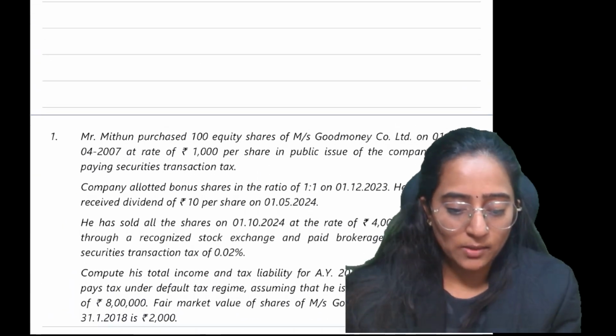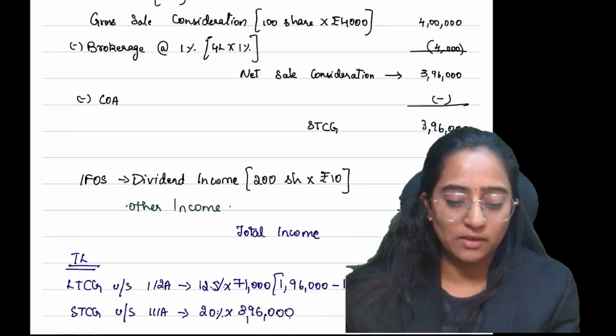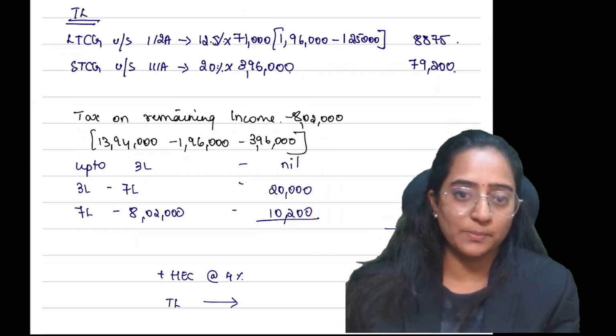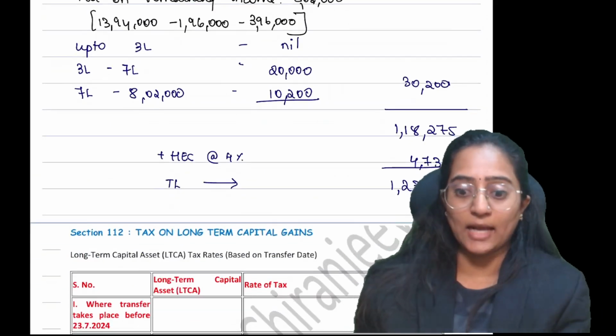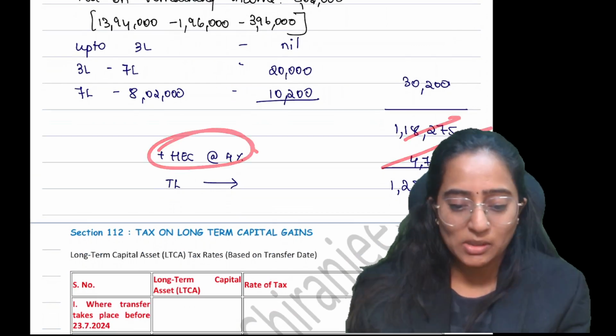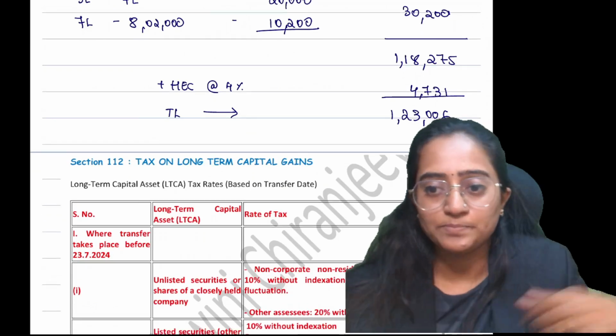My dear people, Mithun is paying tax under default tax regime here. Remember this point very well. So we have considered the tax liability as per the default tax regime. If it were under normal provisions, I would have taken that. I had no problem. So the tax and HEC have been recorded, and the total income is also so much. Clear?